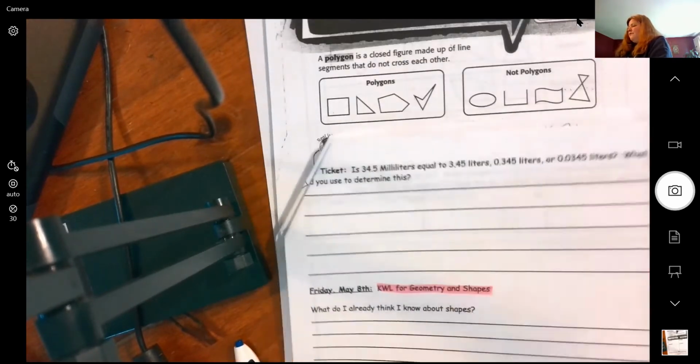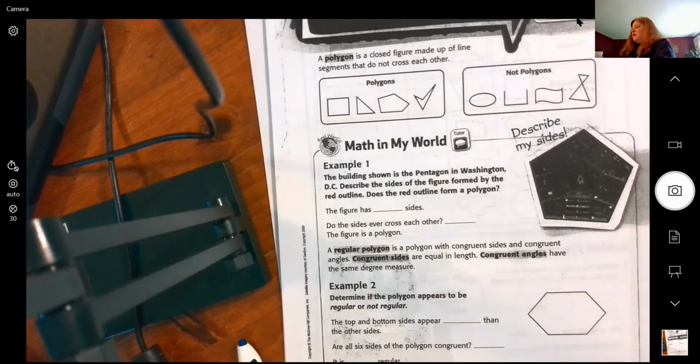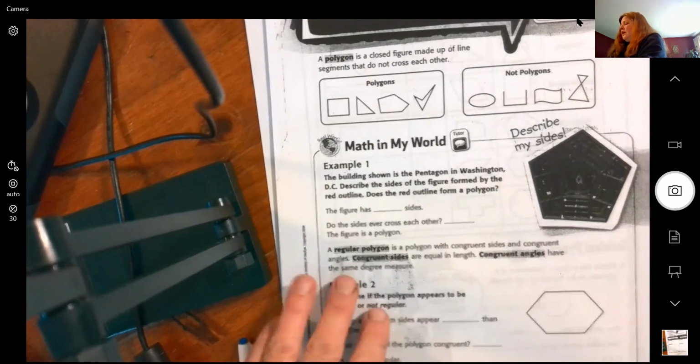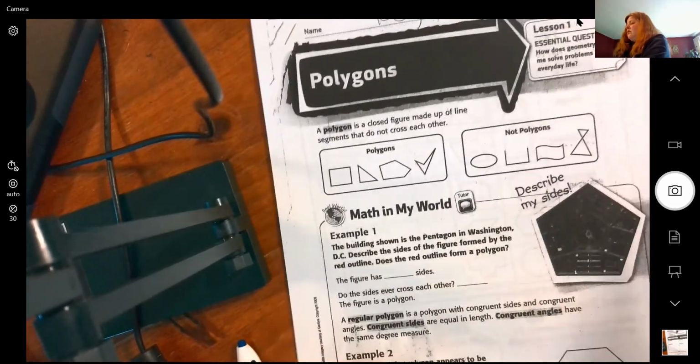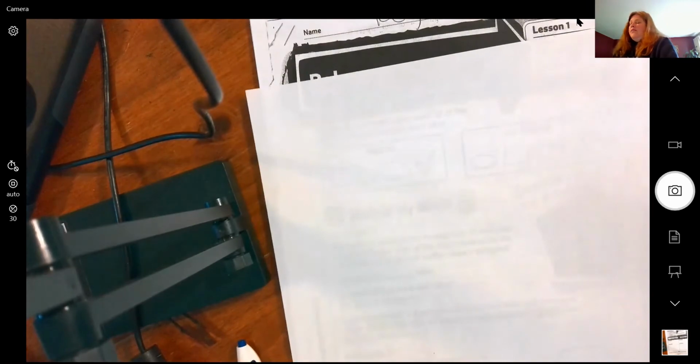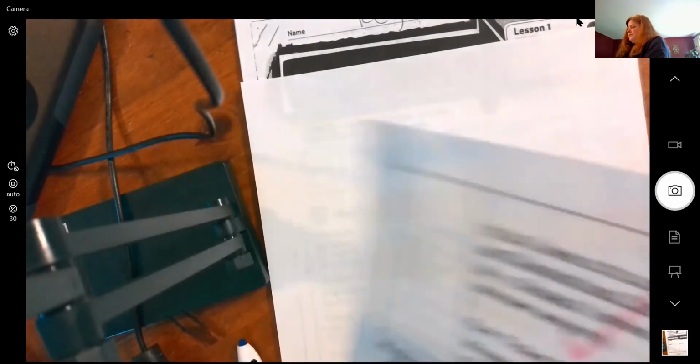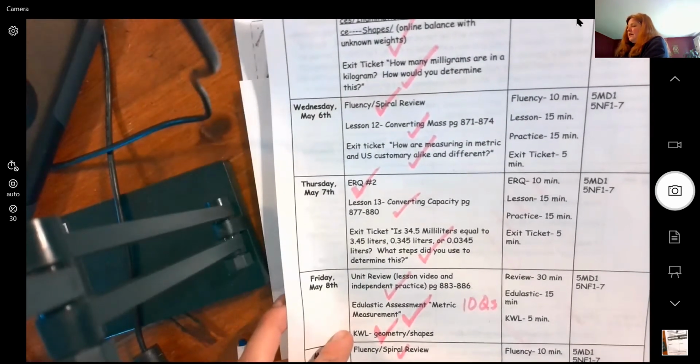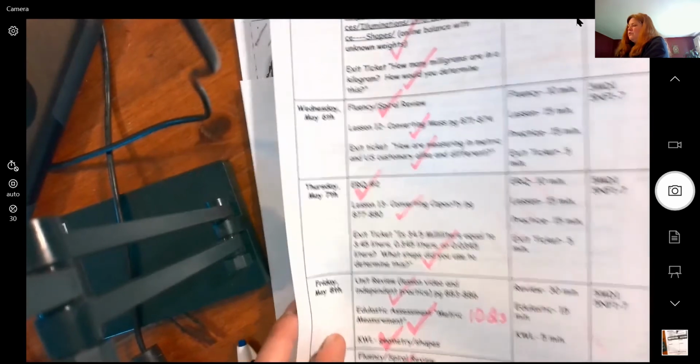All right, so I'm going to flip to my note-taking paper. And I want to have a little talk with you because geometry, the #1 struggle. So our standard is, let's find our standard real quick. Our standard is I can identify, describe, and classify triangles, and I can identify, describe, and classify polygons.